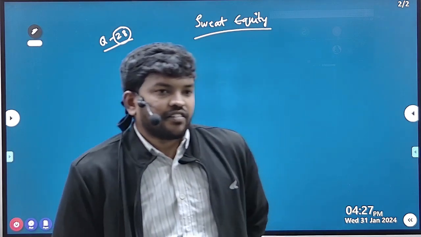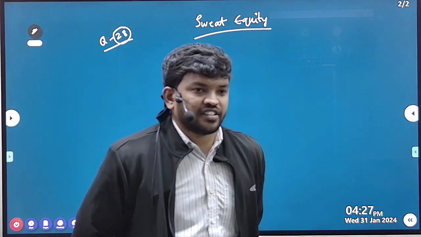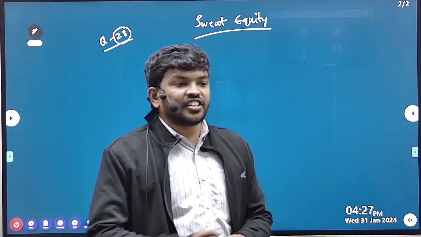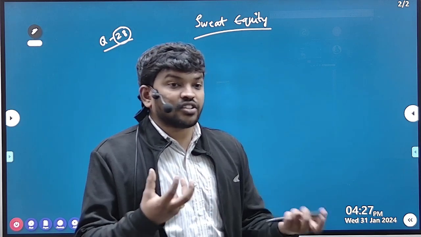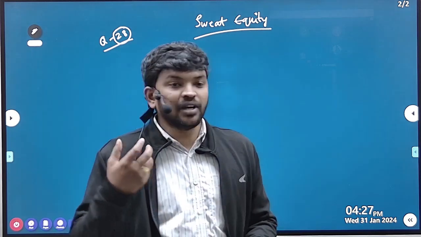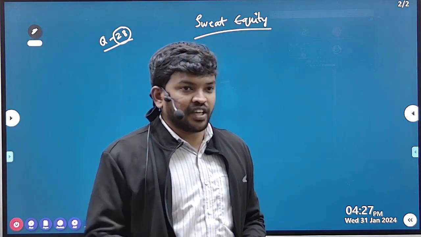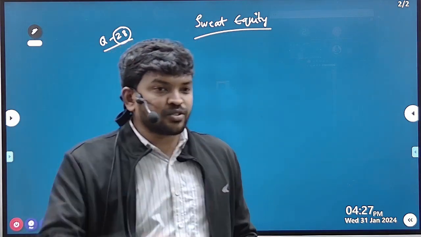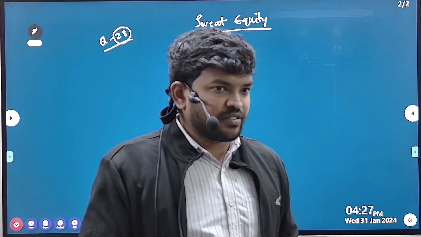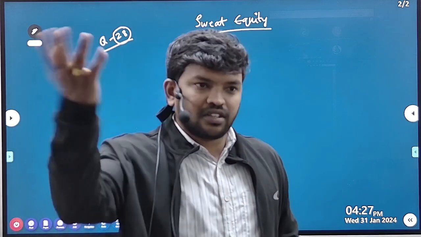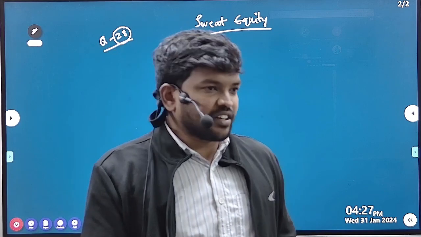Employees or directors. The organization feels that these directors or employees are an asset to the company because they are brilliant, knowledgeable persons. So they'll issue shares to them at less than market price. Then only directors will take them, otherwise they'll get shares from the market also.